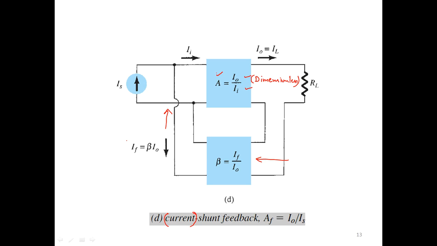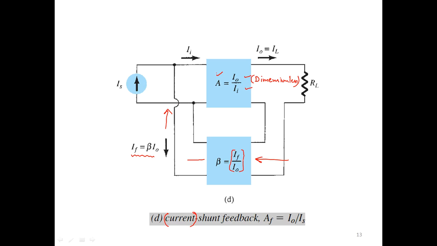We are not extracting the voltage, but we are interested in the feedback current. So feedback current is given as the product of beta into I naught, so that beta is IF upon I naught. Please understand the first term IF is always the input term for the feedback network, and I naught is the output term.